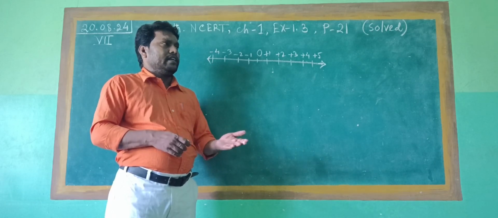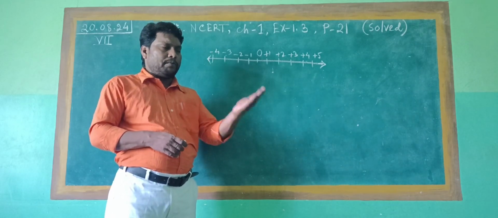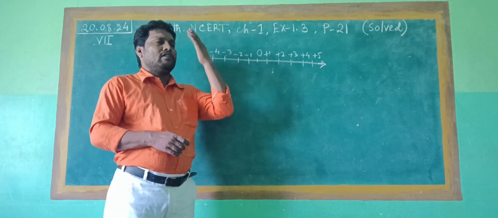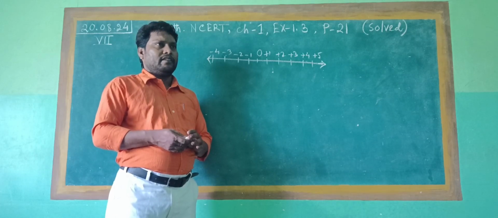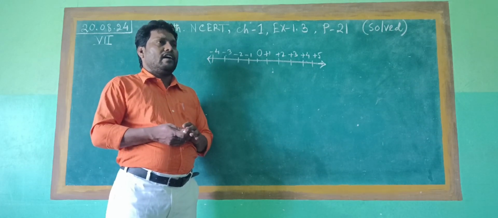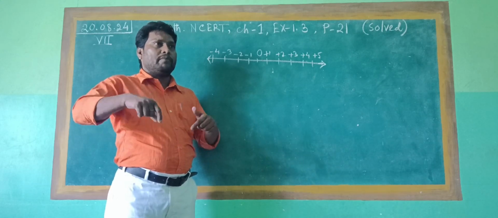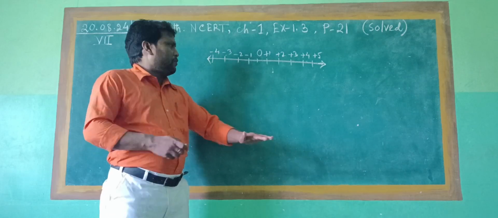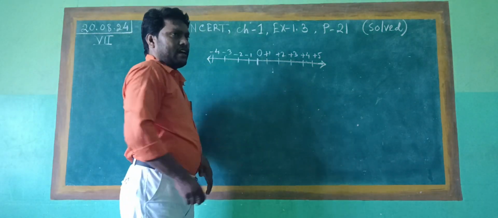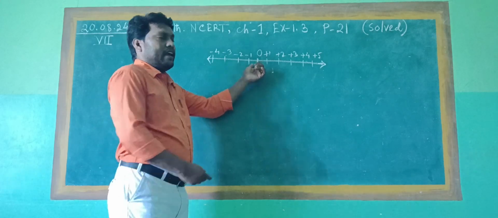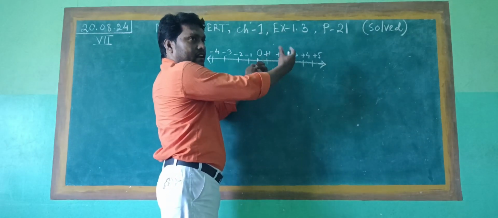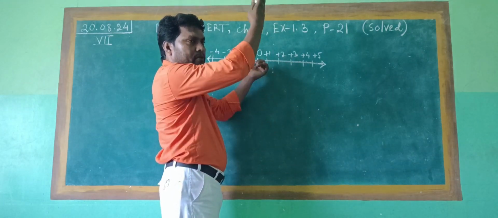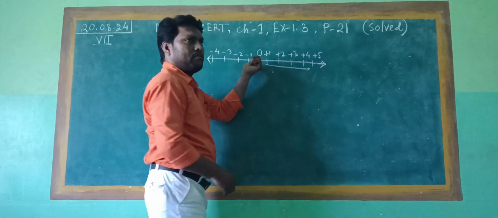Suppose you are coming from the ground floor to the second floor or third floor. Now you are doing the opposite action of gravitational force. If we think that the ground floor is 0 and you go from the lower portion to the upper portion, it indicates positive.